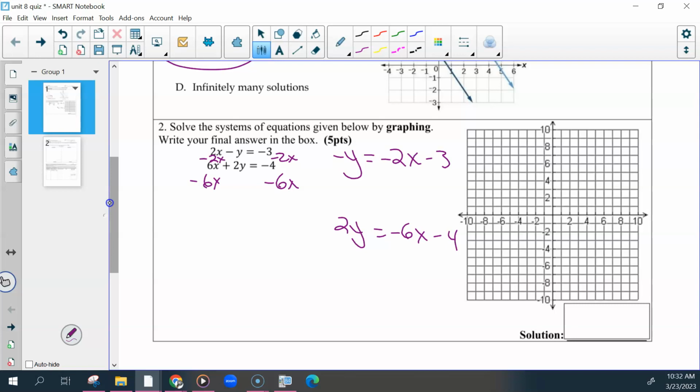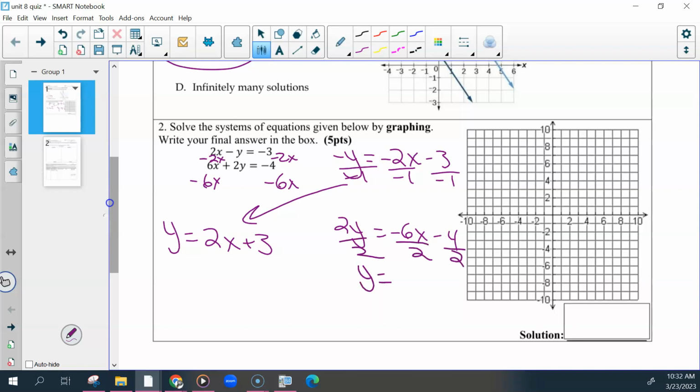Divide the first one by negative 1, so that y equals 2x plus 3. Divide the other one by 2, so that y equals negative 3x minus 2.